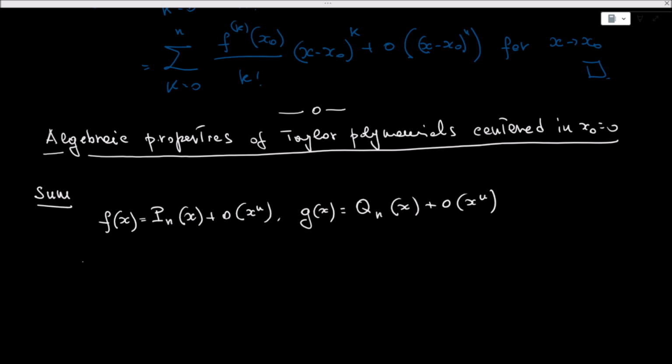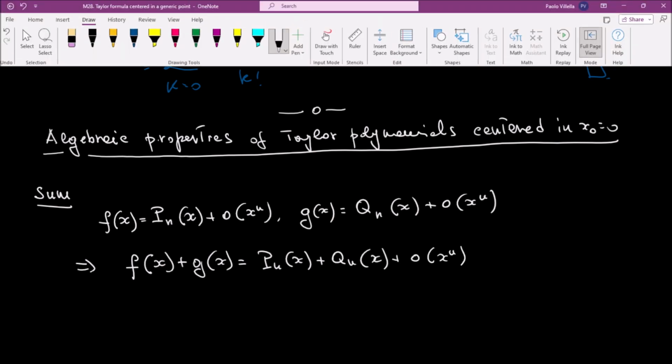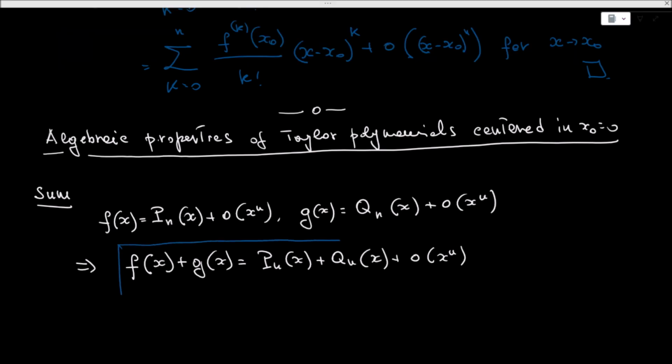Now we want to prove this property, that the function which is the sum of f of x and g of x can be expanded into Pn of x plus Qn of x plus little o of x to the n. Okay, so this is the formula that we want to prove.